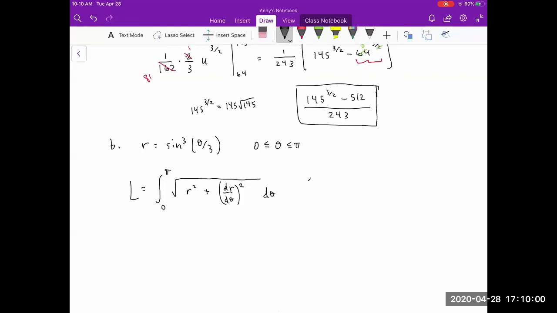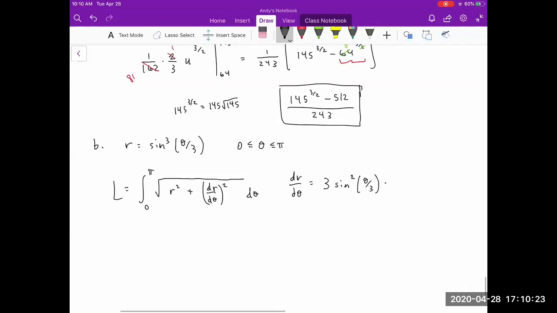Let's see. What's dr d theta? Well, I'm going to use chain rule here. So we have sine cubed. If you think of that as x cubed, derivative of x cubed is 3x squared. So it's 3 sine squared. The inside stays the same, but by chain rule, we have to take the derivative of the inside.